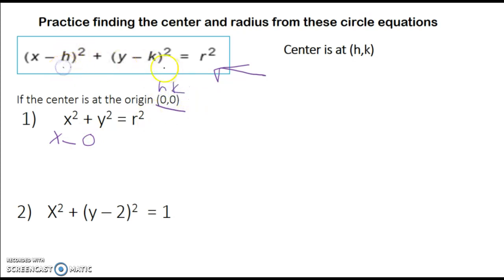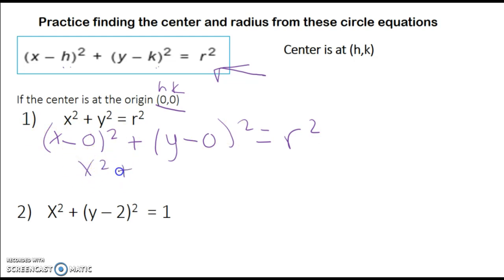Remember, it's x minus h, y minus k. Same as saying (x minus 0) squared plus (y minus 0) squared equals whatever our radius is squared. Well, when you're subtracting 0 from something, that doesn't change it at all. So it's just x squared plus y squared equals r squared. So that's what it looks like. There'll be nothing subtracted or added from x and y if the center is at the origin, (0, 0). You'll just see x squared plus y squared.